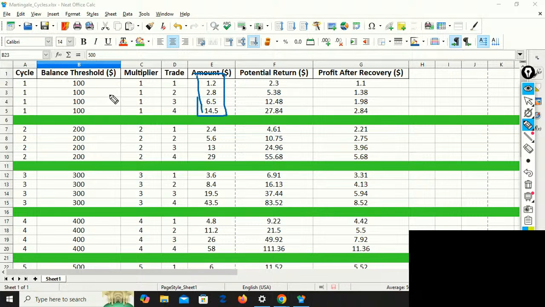Okay. Now, why am I using these amounts for $100 balance? Because I'm trading the tournament. However, for you to use these amounts safely, I suggest at least you have $400 or $500 in your account, and you increase your multipliers every time you increase your balance $100.